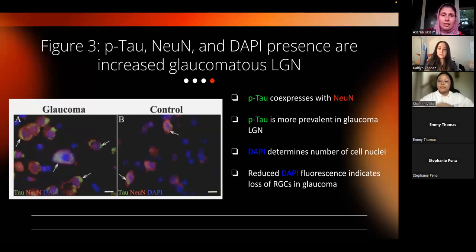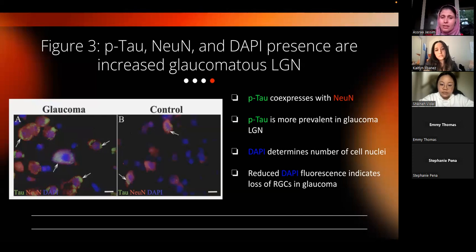What I would take as constructive criticism is that they should have labeled other cells in the retina. We know that the retina is composed of multiple cells, not only retinal ganglion cells. So the DAPI that we are seeing, in the control, you see only the nucleus, which is only a blue circle.